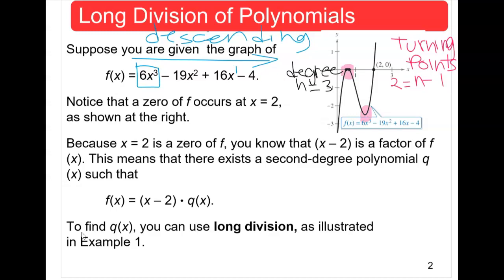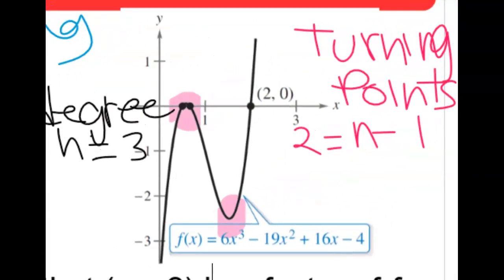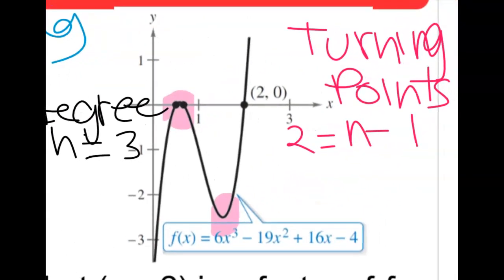However, being of degree 3, it tells us that it could have at most 3 zeros. And those zeros are going to appear on the graph. If they're real numbers, they will be x-intercepts. And so we could see them there.